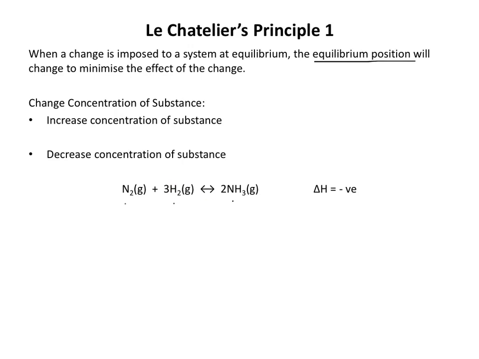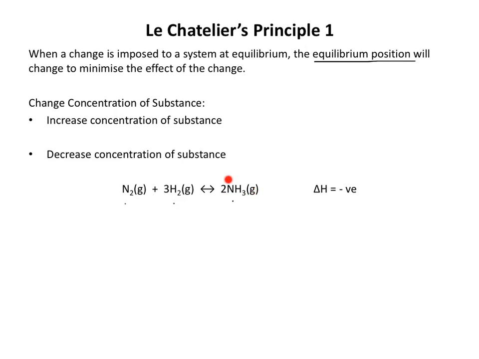The equilibrium sees you adding hydrogen and thinks, right, he's adding hydrogen, I'll try to remove it. So the equilibrium position does the opposite of what you're doing. You add hydrogen and the equilibrium shifts away from the substance you're adding. So you add hydrogen or you add nitrogen and the equilibrium position moves to the right.